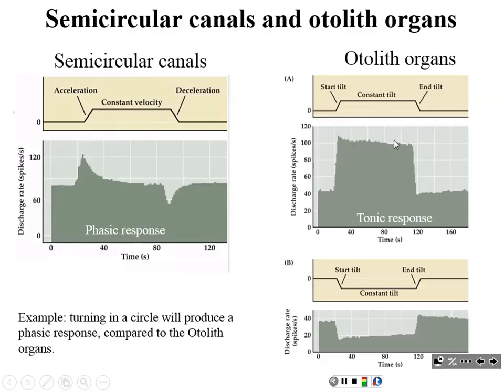And gravity is there all the time. So if we have our head tilted, gravity is going to keep on pushing the otoconia, and if they were depolarizing the cells, they are going to keep depolarizing the cells until we move the head back and the response disappears. So the response of the otolith organs is tonic compared to the response of the semicircular canals. Everybody understands that? Okay.